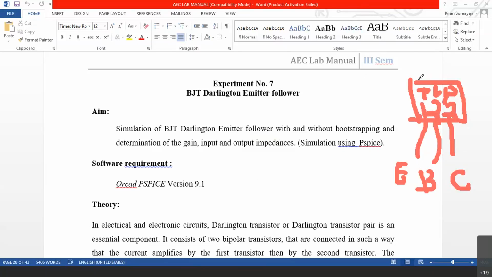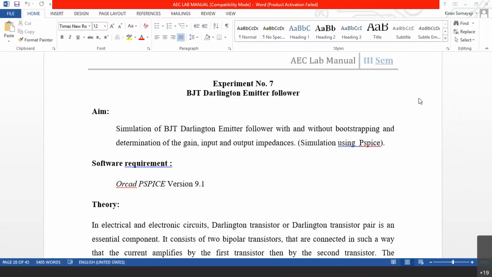Along with the heatsink at the top, there will be a small hole here so that an additional aluminum heatsink can be connected by means of a nut and a screw. So this type of package itself is available, called TIP 122 or TIP 127, either PNP or NPN.